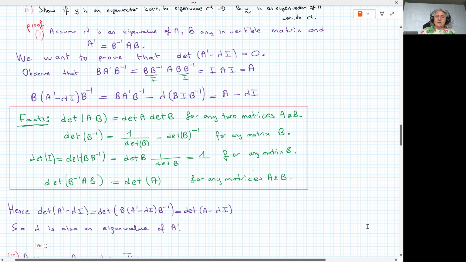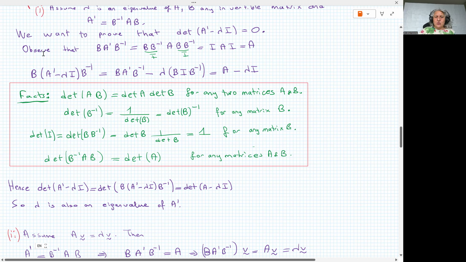Okay, what that means is that when I take the determinant of this and the determinant of this, it will give me the same number. It means that lambda is an eigenvalue here, and I found that lambda is an eigenvalue for A prime. So that was what we wanted to prove.